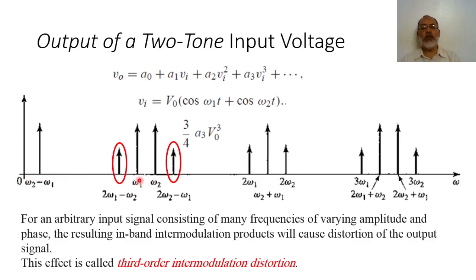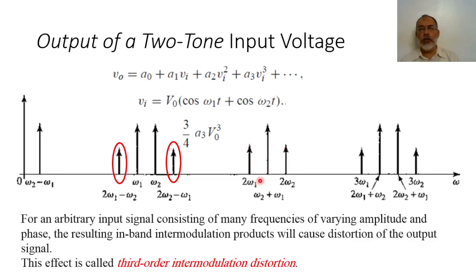On the other hand, we have components with frequency 2 omega 1, 2 omega 2, and omega 2 plus omega 1. All of these components will be around 2 omega 1 or 2 omega 2. This actually has higher frequency than the original signals. So by using a simple band pass filter, we can select this signal from the DC component and the higher harmonics or the higher frequency components.